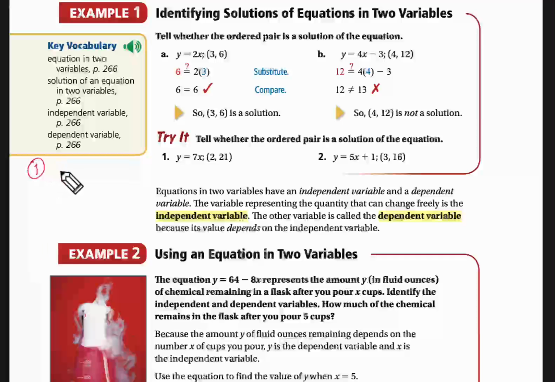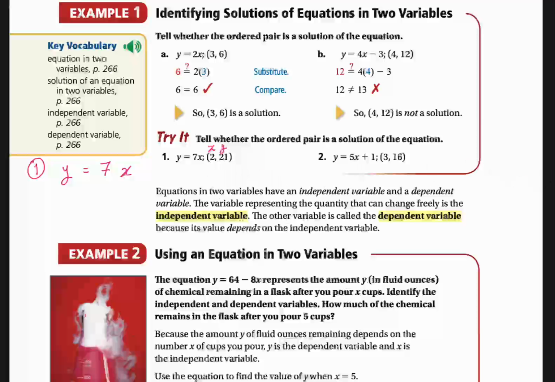In the first question, the equation is y equals 7x, and we have the ordered pair 2 and 21. x is 2 and y is 21.